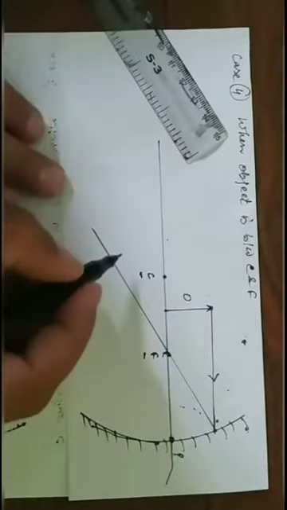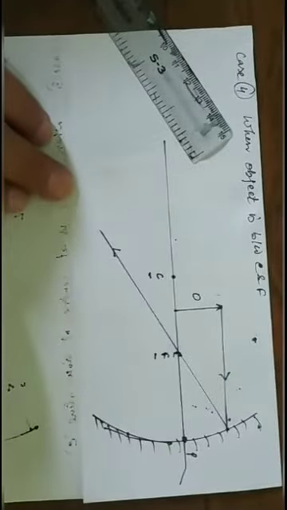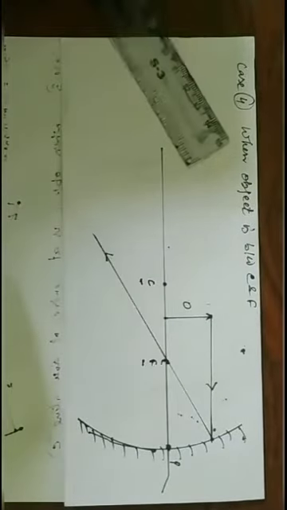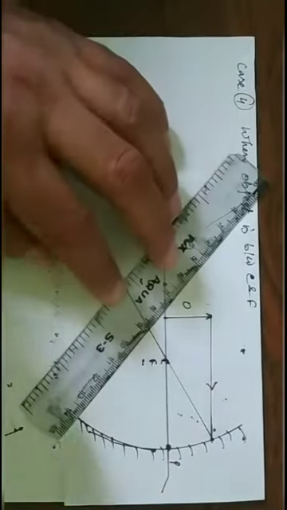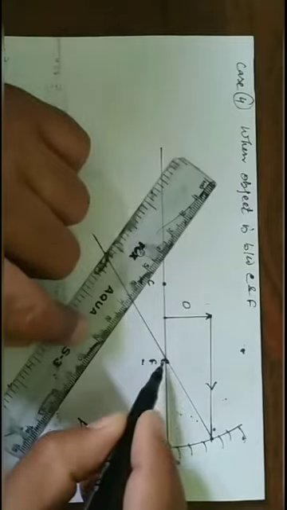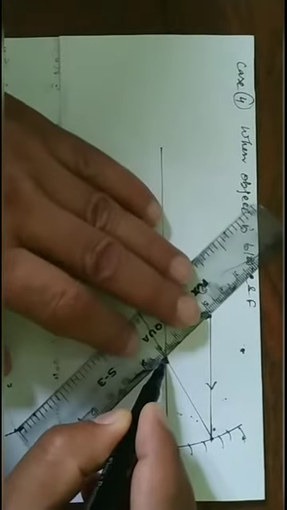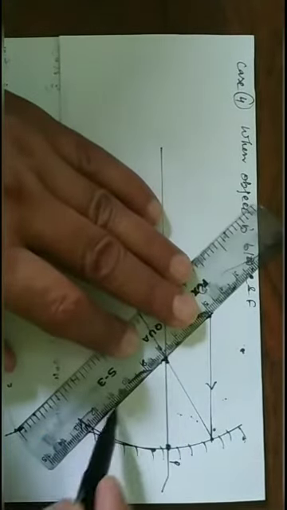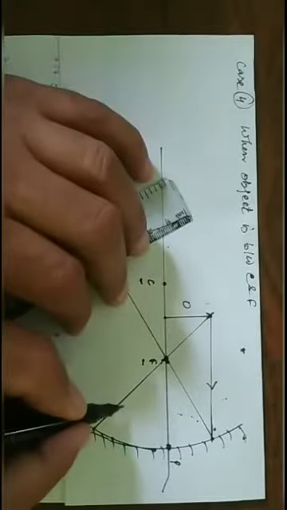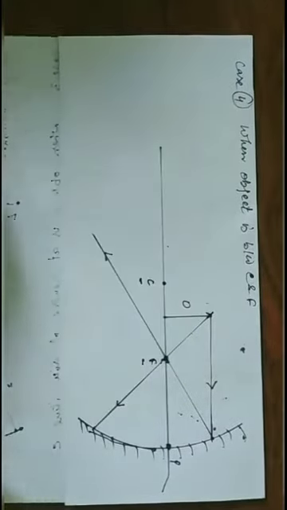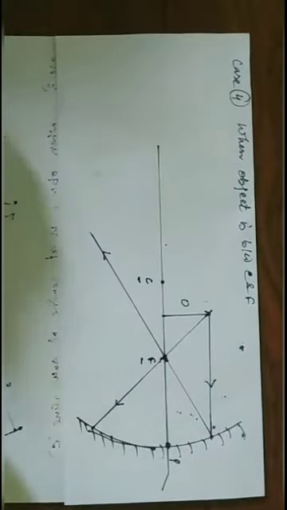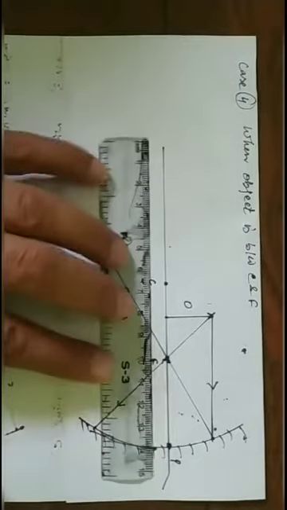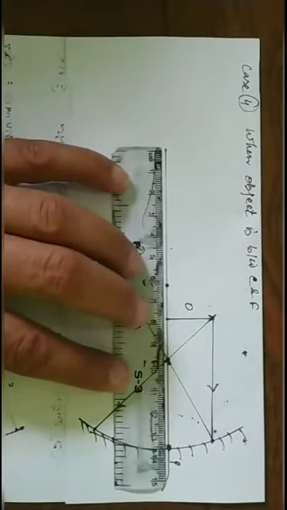So this is our reflected ray. Second, any ray passing through the principal focus: any ray which goes through the principal focus will become parallel to the principal axis. So it will become parallel to this principal axis.